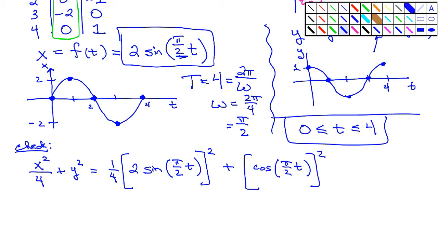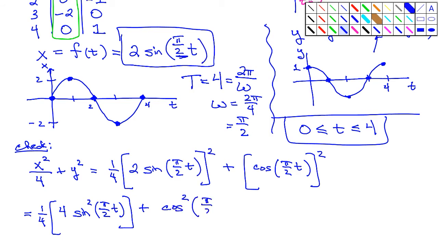And now we just work this out. So it's going to be 1/4 times 2 squared is 4. Then sine squared of pi over 2t plus cosine squared of pi over 2t.